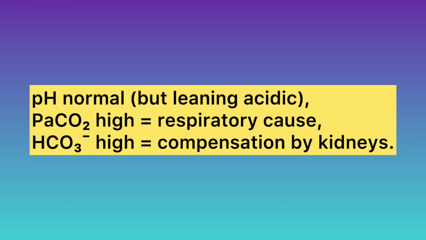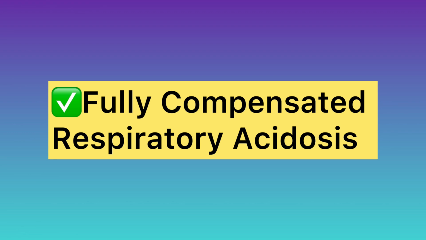Next PaCO₂ is 55, that is high, so it involves respiratory cause, and bicarb is also high. That means the kidneys are compensating. So the correct answer is fully compensated respiratory acidosis, since the pH is normal.